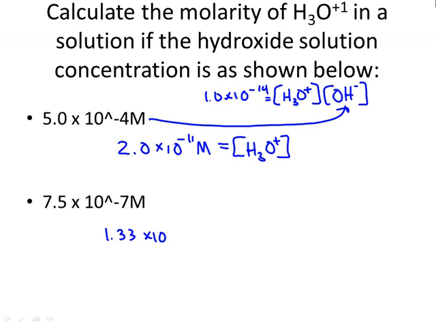I know that's wrong because if I'm taking 10 to the negative 14th and dividing by 10 to the negative 7th, my exponent should go down, but it should still be negative. So I'm going to put these back in. So 1.0 times 10 to the negative 14th divided by 7.5 times 10 to the negative 7th. Aha, 1.33 times 10 to the negative 8th. That makes a lot more sense.